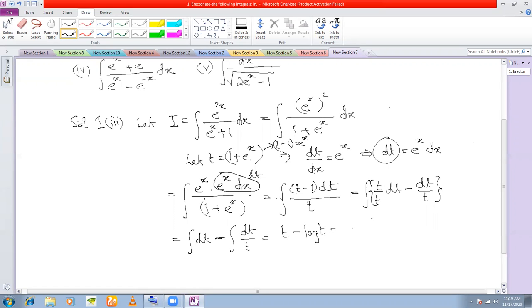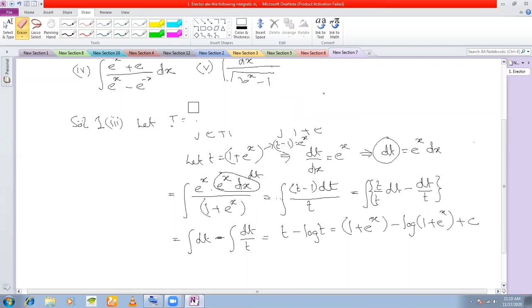Okay, and t we have taken as 1 plus e to the power of x. So 1 plus e to the power of x minus log of 1 plus e to the power of x. That's it. Plus a constant of integration, obviously. Okay, so this is your number 3. Let us proceed to number 4.